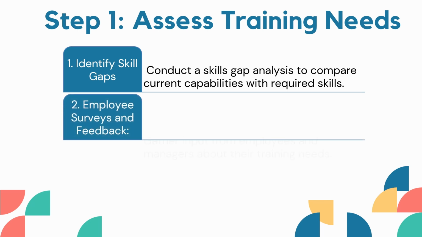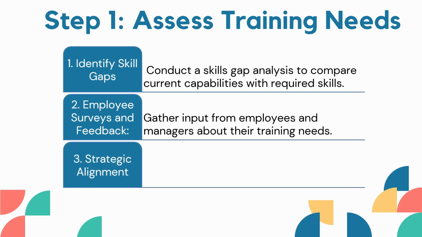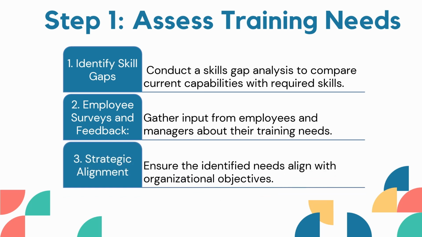Gather input from employees and managers through surveys and feedback sessions to understand their training needs. Ensure that the identified needs are aligned with your strategic objectives. This alignment is crucial to ensure that the training programs you develop support your organization's broader goals.